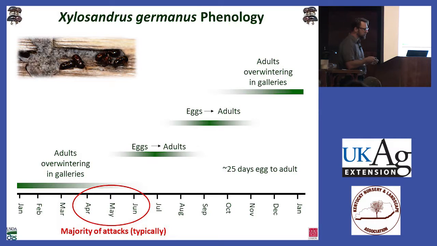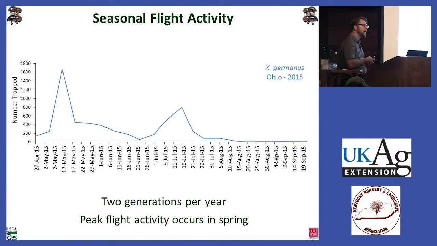And that's also, as you'll see here in a minute, their peak flight activity. This is the mean number of beetles per trap that we trapped in Ohio in 2015 in a woodlot. I don't know if you can make out the dates, I apologize for that, but this is late April, May, June.